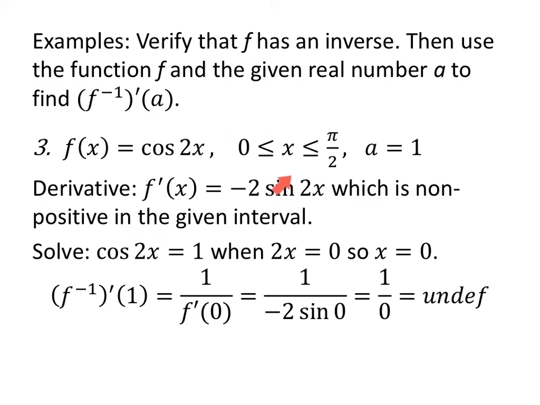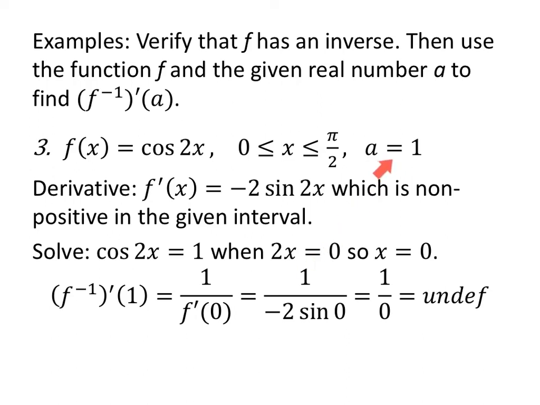Because sine of 0 is 0, and sine of pi is 0, and everything between 0 and pi, because of the 2x here, take care of that, put pi over 2 in for x, we'll get pi. Any value in between 0 and pi, sine is positive, but when I multiply it in front by a negative, I end up with non-positive in the given interval. Non-positive meaning it could be 0 or negative.